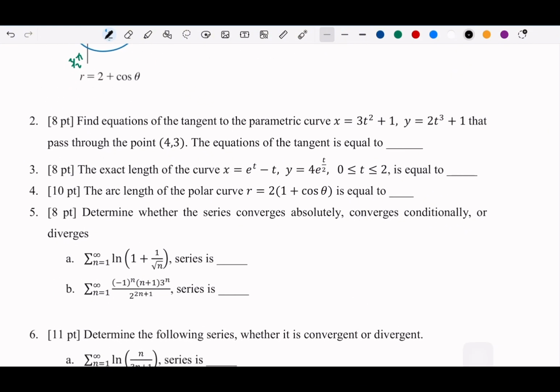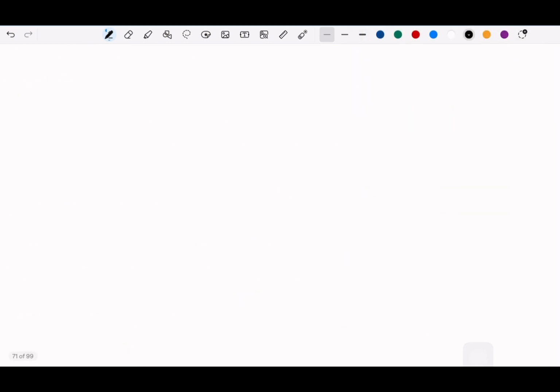Let me make the other picture here. So let me write the equation. r equals 1 plus cosine theta. Okay. So this will be my sketch. No need to draw really exact or proportional.